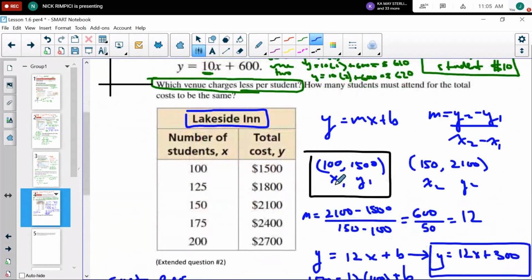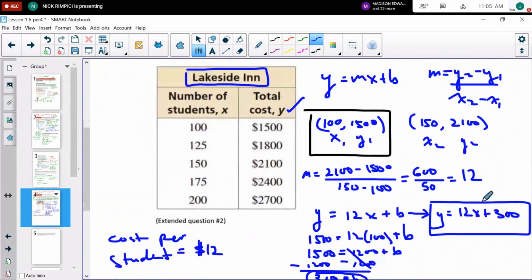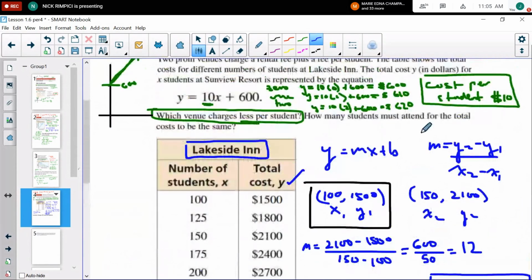But what they asked you for here is how many students must attend for total cost to be the same. Well, the total costs are represented by y, correct? So I want to know when this equation and this equation are going to be the same. In other words, in math, the same means equal.